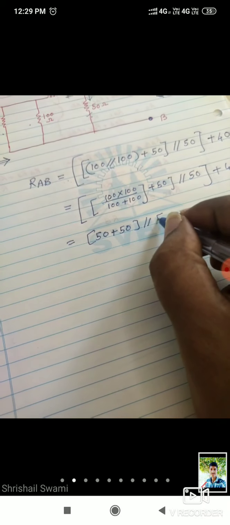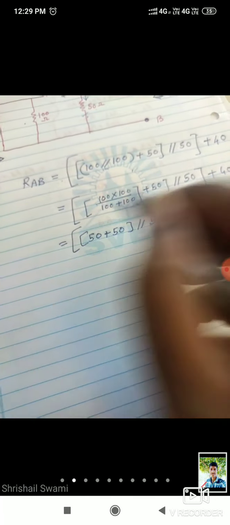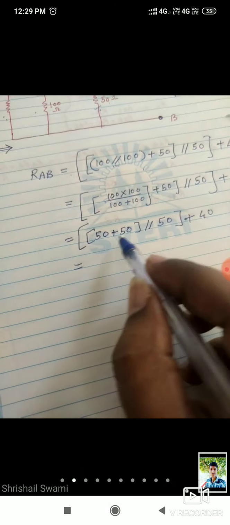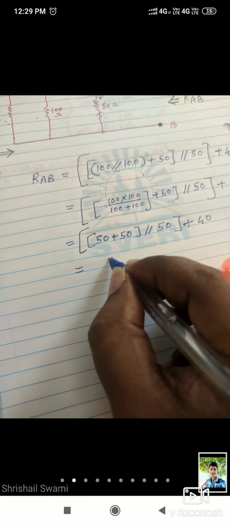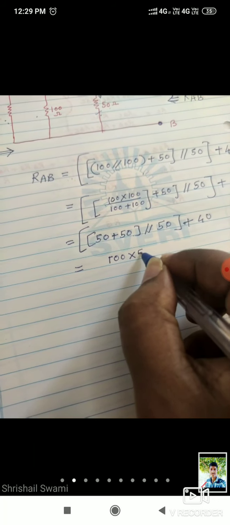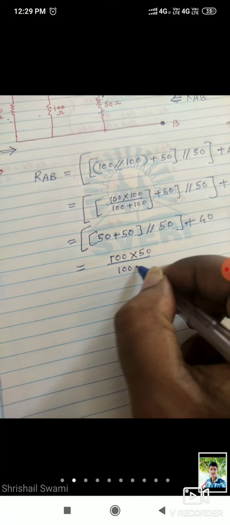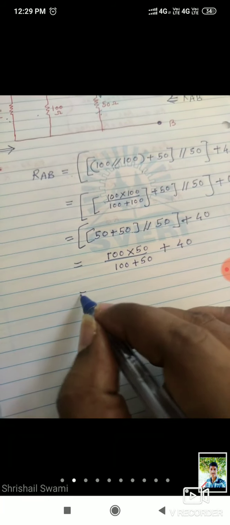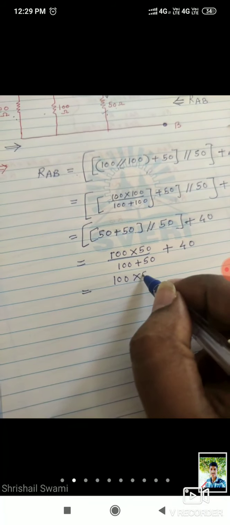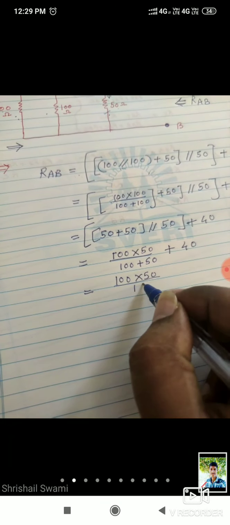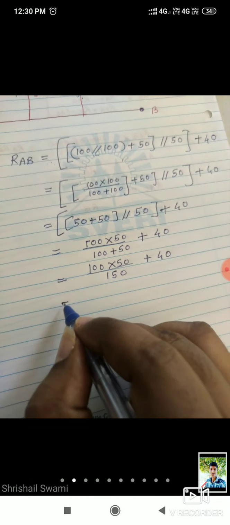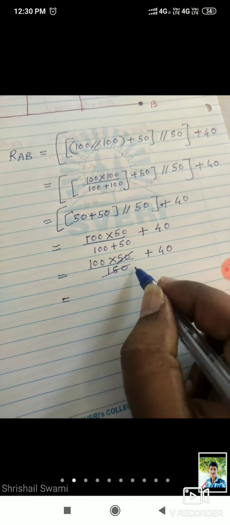Then that is in parallel with 50 plus 40 as it is. So 50 plus 50, that is 100. 100 is parallel with 50. 100 into 50 divided by 100 plus 50, so that plus 40 as it is. So 100 into 50 divided by 150 plus 40, so 50 and this will give the 3.